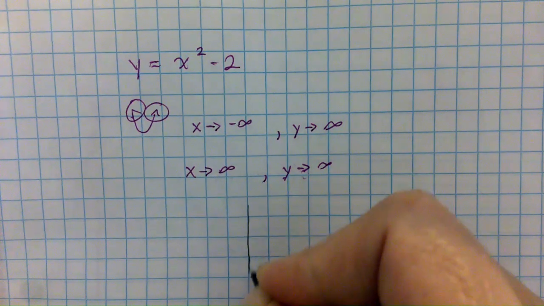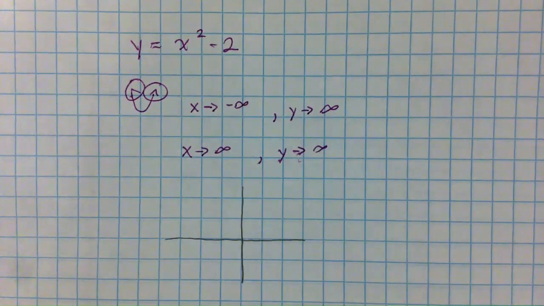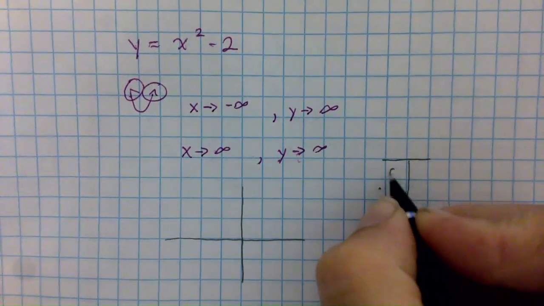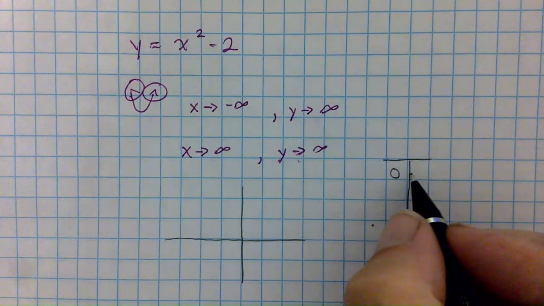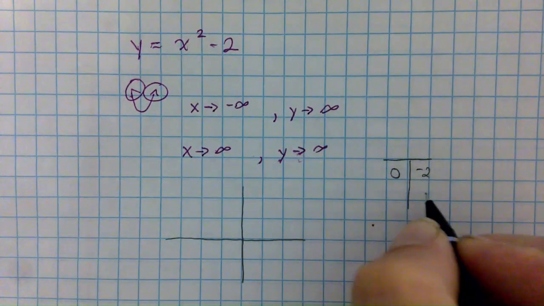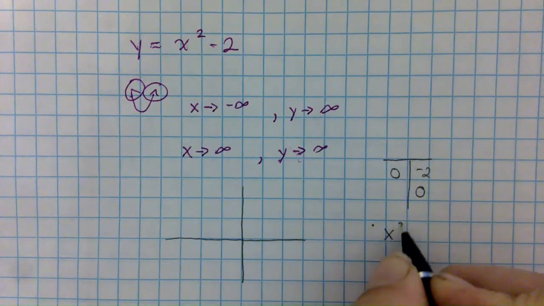So the easiest one always to get is your y-intercept. Some people forget how to get a y-intercept, but remember, what we're really asking in a y-intercept is, if I made a table of values, 0 for the x, what is y? So substitute 0: 0 squared minus 2 is negative 2. Now for the x-intercepts, we want 0 to be the outcome. We want it to be the y. So let's actually work that one out by hand.